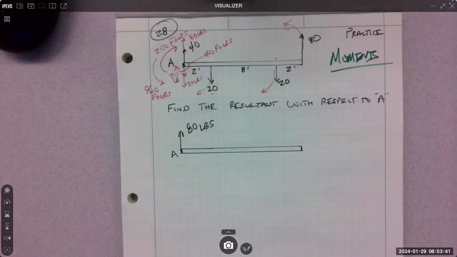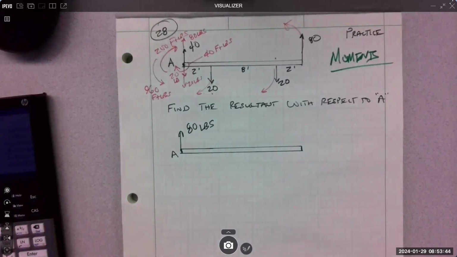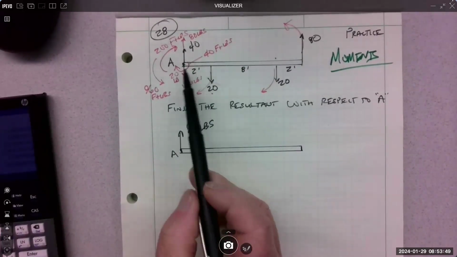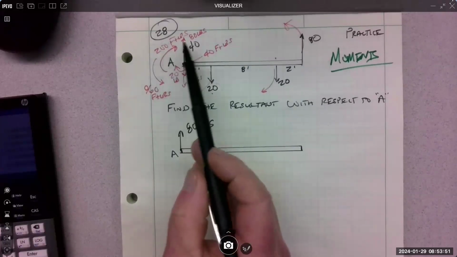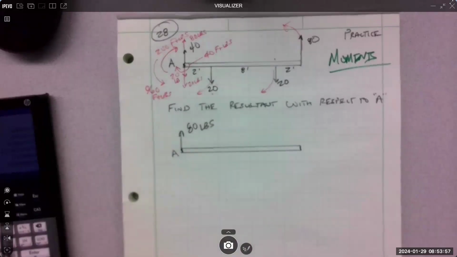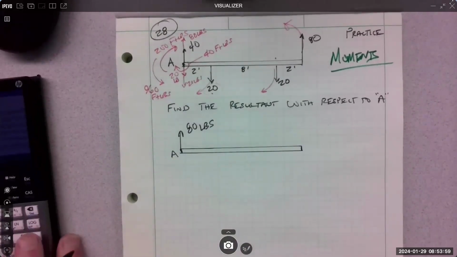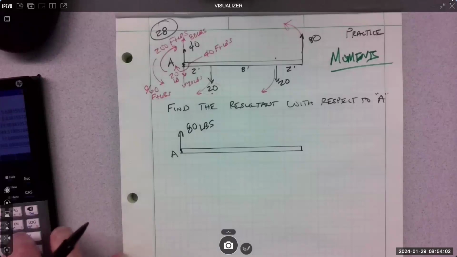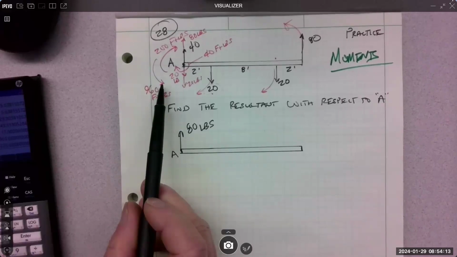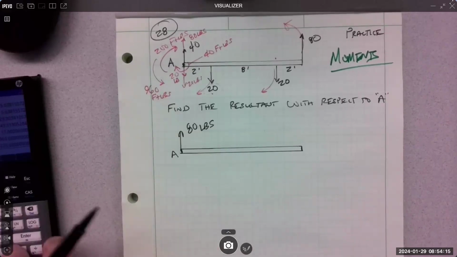Adding up all the moments, we have 20 going clockwise, we have 200 going clockwise, and we have 960 counterclockwise. So remember, clockwise is negative. So that's a negative 220, and then we have a big positive 960. So it's like 740.